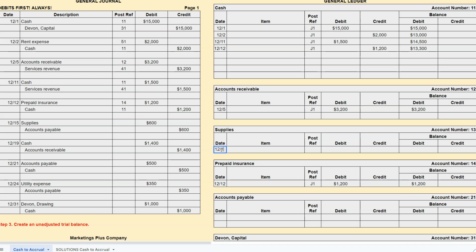Let's go to supplies, 1215. First page of the journal. We debited it for $600, and that's it. Next one is going to be accounts payable, first page of the journal. And that was for 600 credit. So the balance is 600 credit. 21 posted. And we have another cash, 1219.